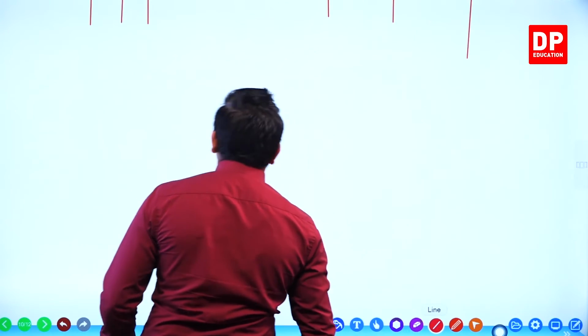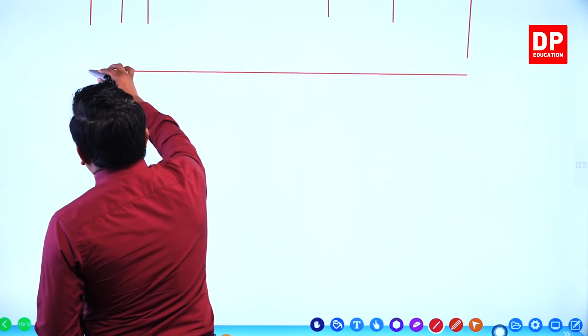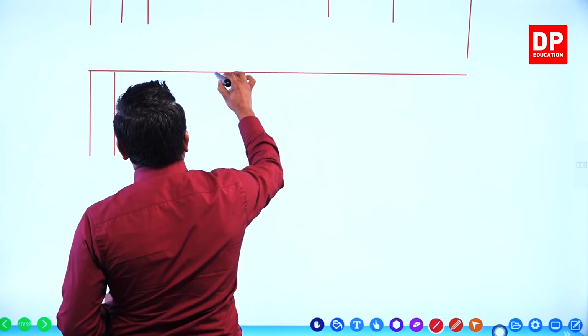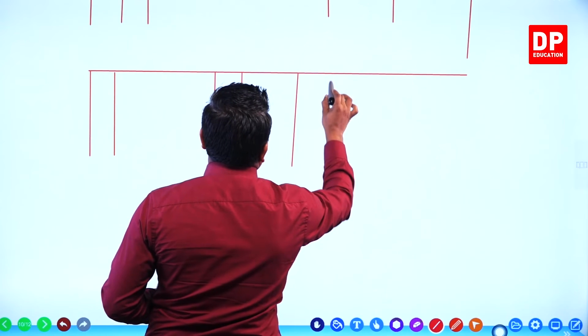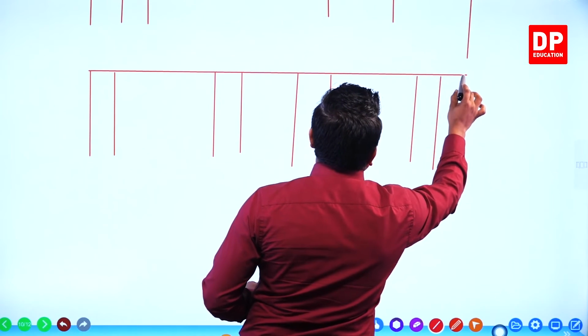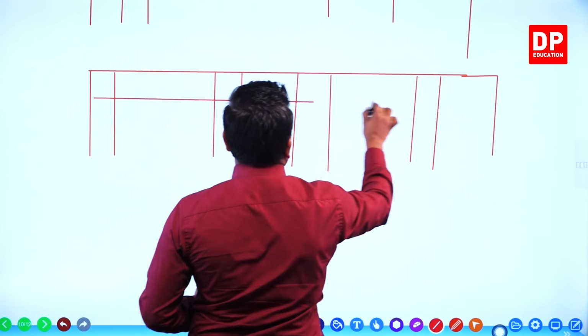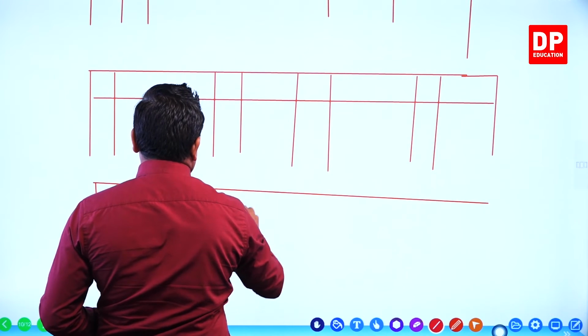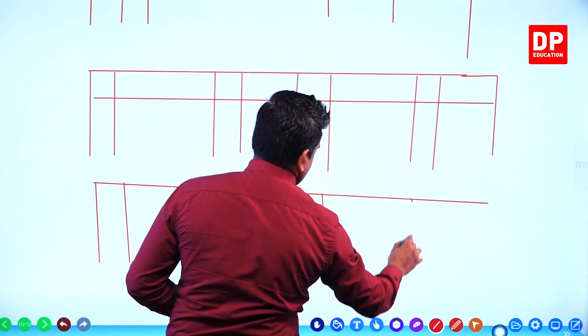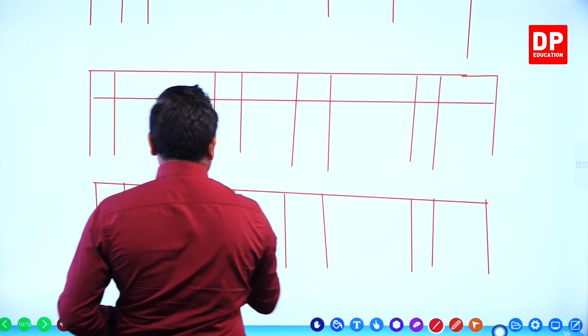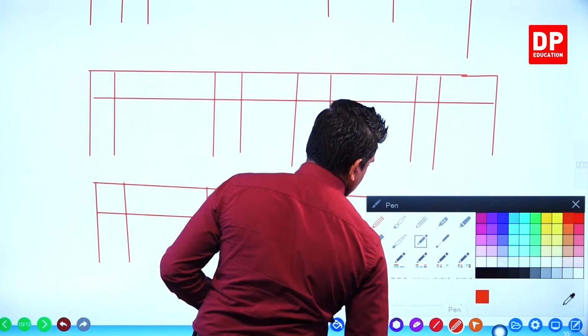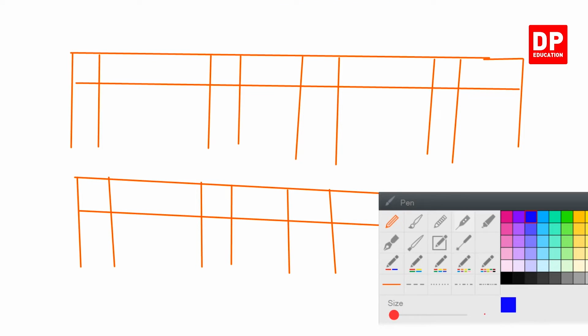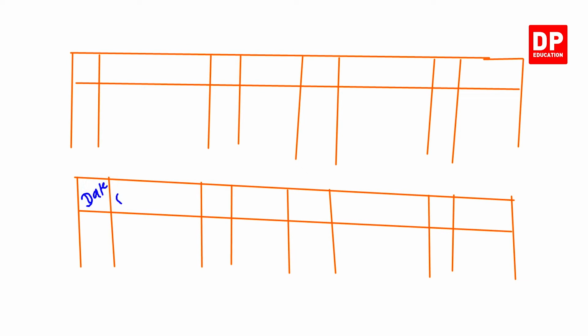there are two accounts: date, description, ledger folio, value, date, description, ledger folio, value, right? Okay, now you can name them: date, description, ledger folio, value or cash, right?